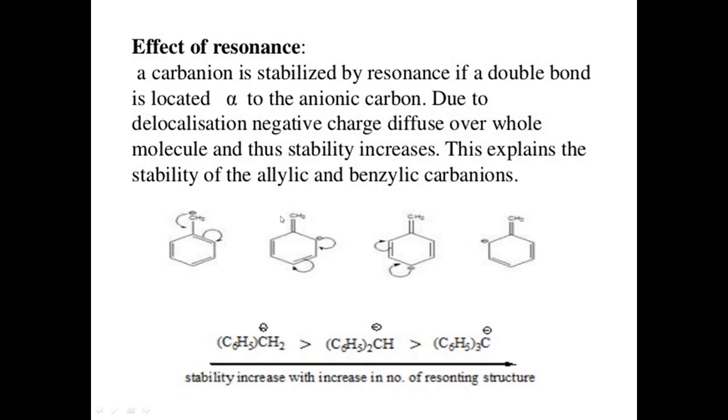So if the next position, the alpha carbon of the anionic carbon, is a doubly bonded carbon, what is happening? The negative charge can be delocalized through resonance. Because of this delocalization, the carbon anion stability increases, because the negative charge diffuses over the molecule.